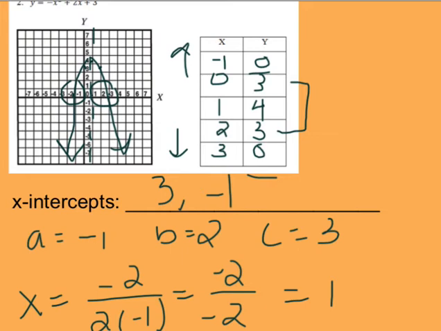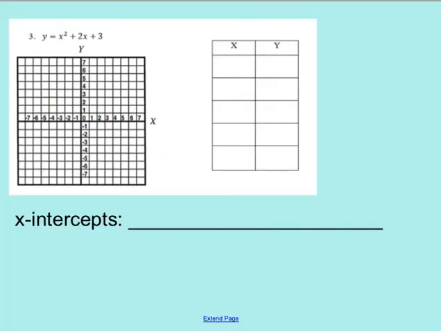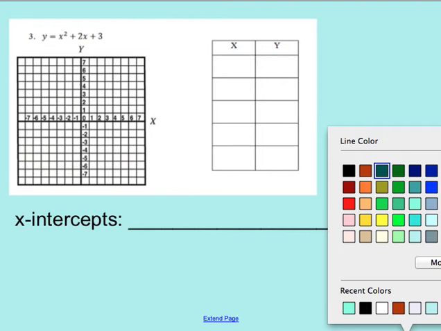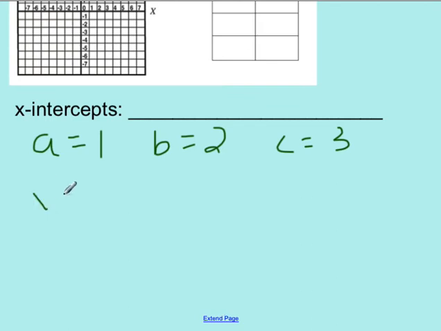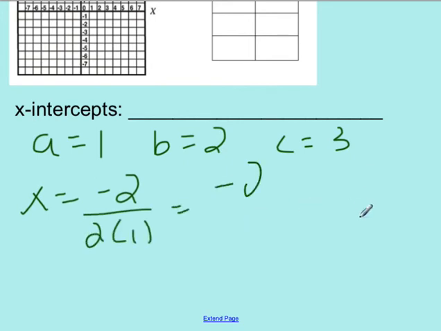Last but not least, let's take a look at number 3. Again, we want to calculate our vertex. To do that, we want to figure out our A, B, and C values. To get our vertex, we're going to use opposite of B over 2A. So x is equal to opposite of B over 2A, which is -2 over 2, which is -1. So the x-coordinate of your vertex is -1.